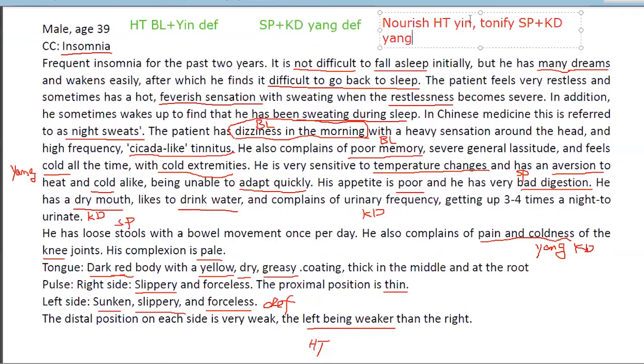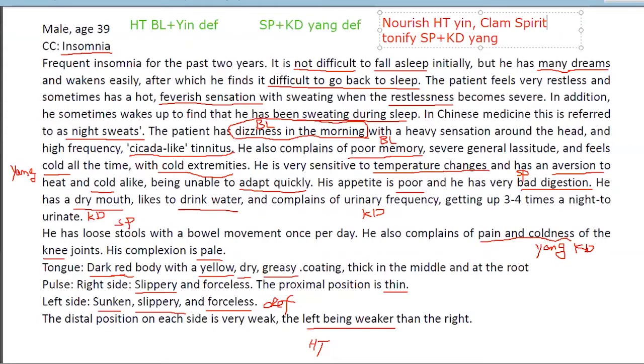You can put calming the spirit behind nourishing heart yin. So put the first treatment principle closer to the chief complaint.